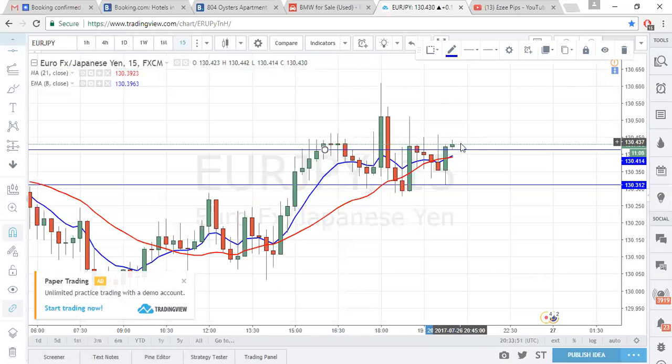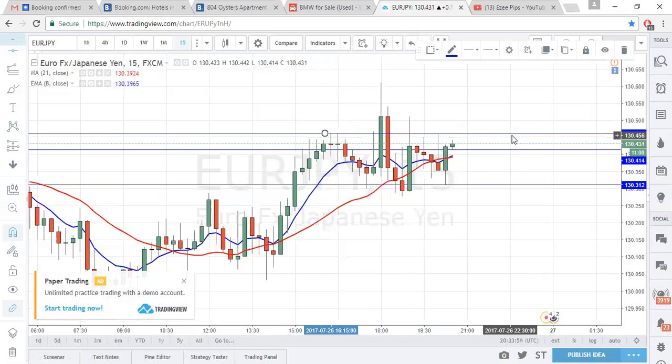Also pay perfect attention when you are entering into trades. Do not enter into trades at areas that are closer to your levels of resistance. If it happens so, that means that your take profit is going to be very small. And if your take profit is very small, chances of you growing the account quicker is very small.